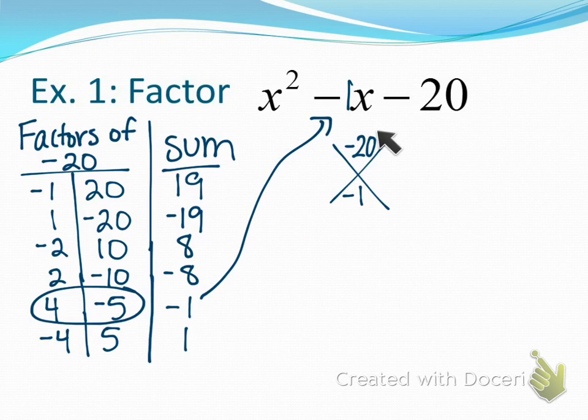So we're trying to multiply to negative 20 and add up to negative 1. We already found that the two numbers that do that are what? 4 and negative 5. Now, do we have questions about how we would show our work one way or the other? Somehow we got to show our work before we actually write our answer.